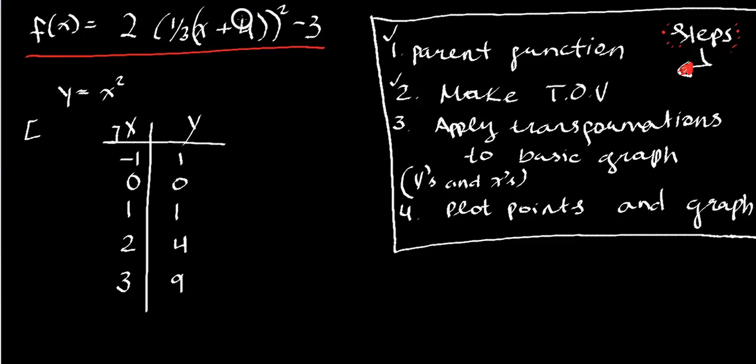So this looks like you're adding 4, but no, you're actually subtracting 4. You're going to the left 4 units. Alright, so I'm going to write it here. Subtract 4.